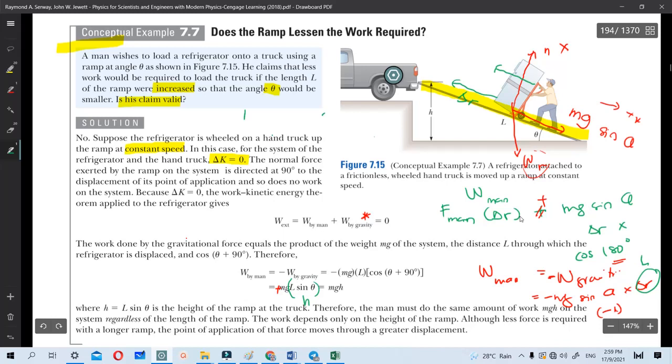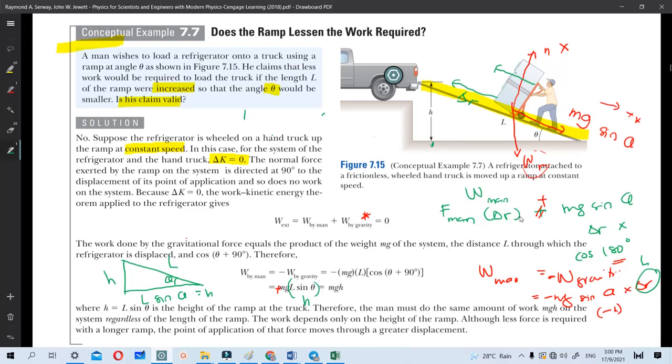A bit lost? Go back to this figure. So this is how it looks. This is the angle theta, this is the H, this is the hypotenuse. As you relate them with one another, you will find that L sin theta is equivalent to H. So you find that mg L sin theta through the ramp distance is equivalent to the work if he transferred the refrigerator right from the very end here, at the vertical height.